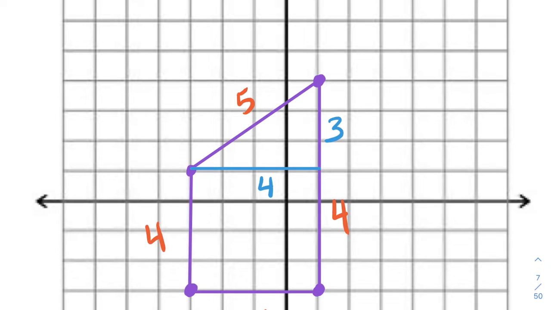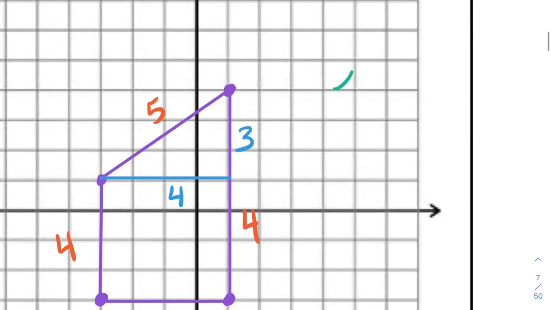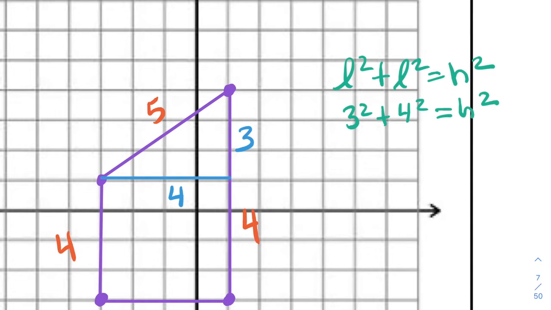It's 4 and 3. So if I did the Pythagorean theorem off to the side here, you would get L squared plus L squared equals H squared. So 3 squared plus 4 squared equals H squared. 9 plus 16 equals H squared. 25 equals H squared.